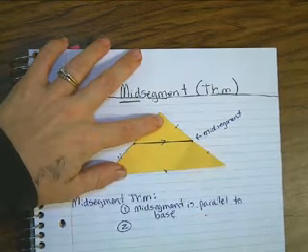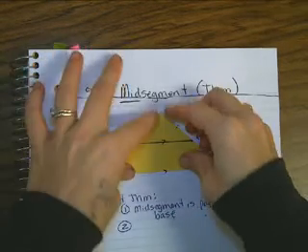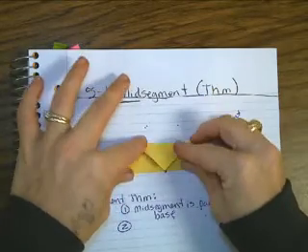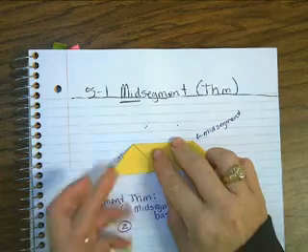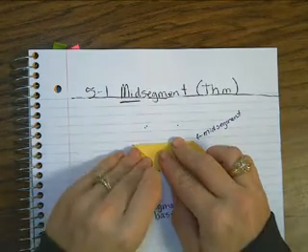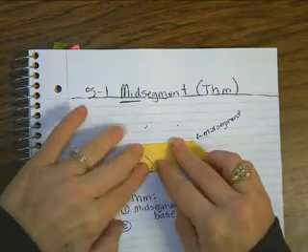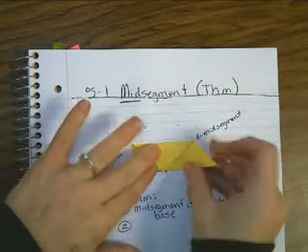Alright, the second part of the theorem I'm going to demonstrate. I'm going to fold this part down. I'm going to fold this part in. And I'm going to fold this part in.